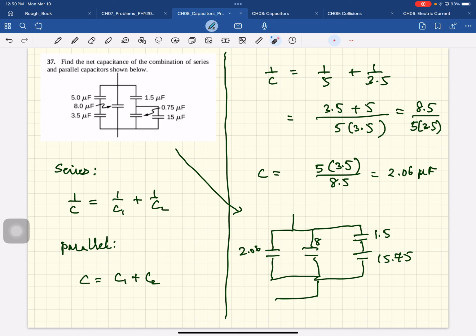So we have to combine 0.75 and 15 first. That's the idea. It doesn't have to be parallel before series, it just has to be a clean series, a clean parallel. These guys are not in series because this capacitor is messing him up.